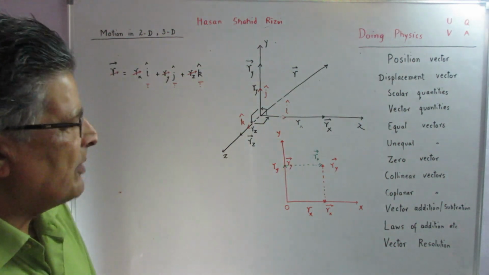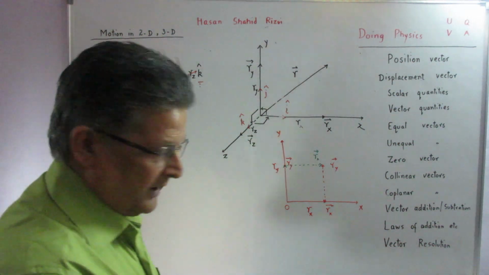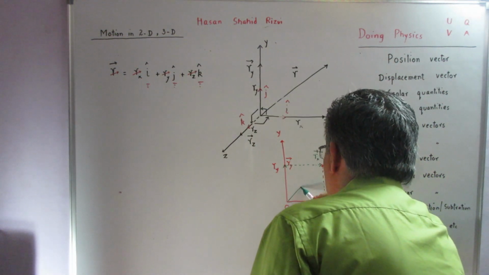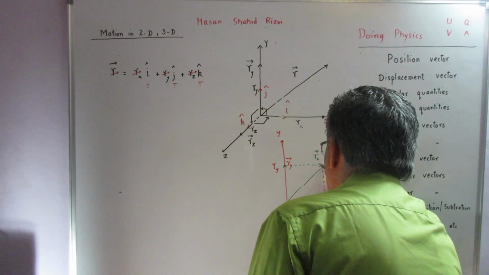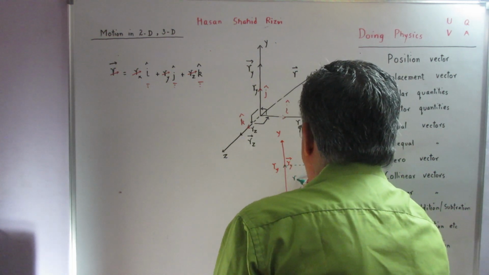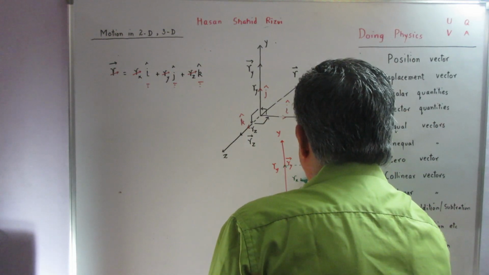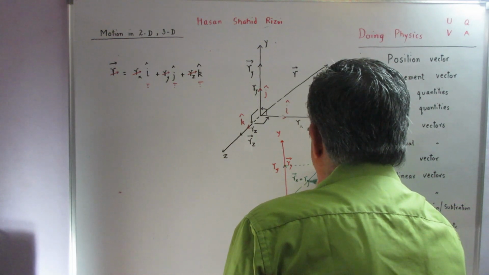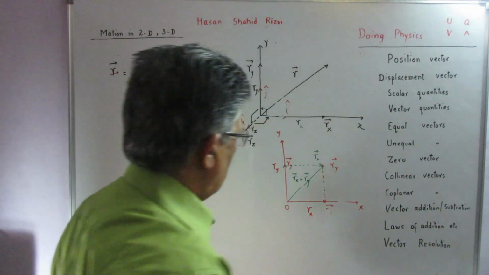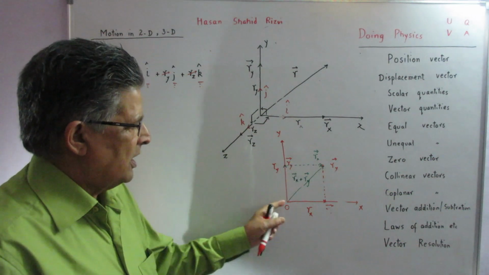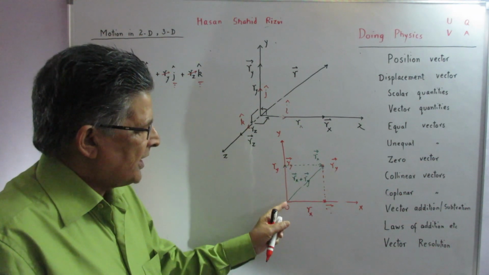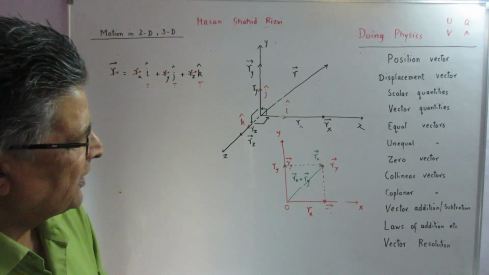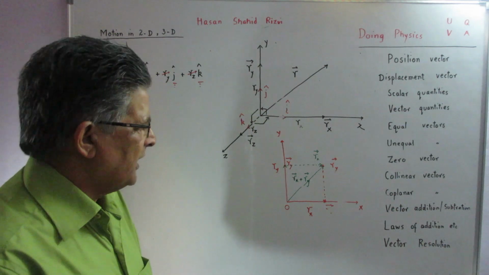From the parallelogram law of vector addition, we find that the resultant vector turns out to be equal to vector Rx plus vector Ry, and the same is true for the tail to head system, that from this tail to this head I am drawing this line, and therefore I get the two vectors Rx and Ry over here.